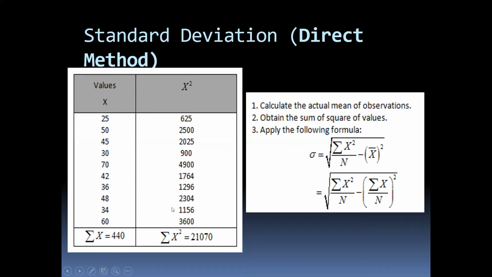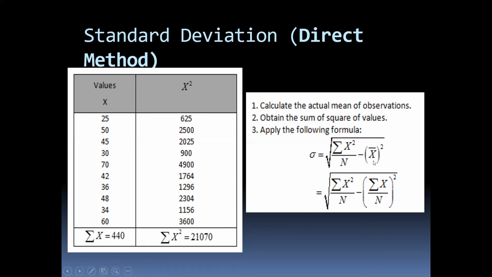And now the last step to calculate the standard deviation is under root of summation x square, which in our case is 21,070, upon n, which is 10, minus the mean whole square. So mean whole square is 440 whole square.